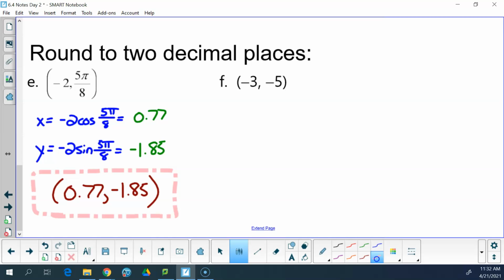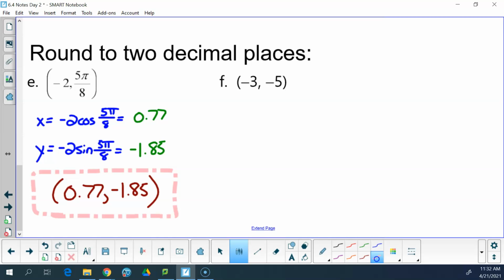Yeah. There's two ways that we can do that. You're probably going to get different angles here because your calculators are all in degrees, and if you just type in 5 pi over 8, that's in radians. So you have to do one of two things first. You could convert 5 pi over 8 into degrees by multiplying by 180 and dividing by pi. The other way is to change your calculator from degrees into radians.